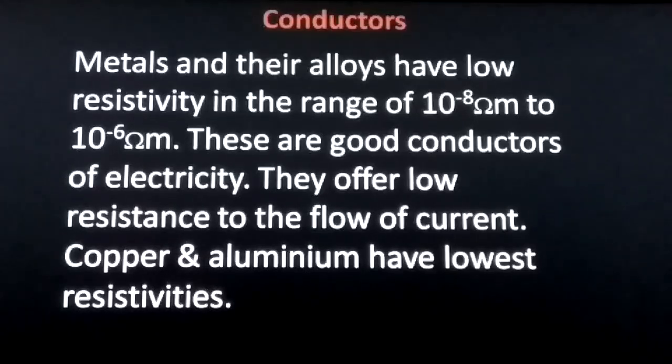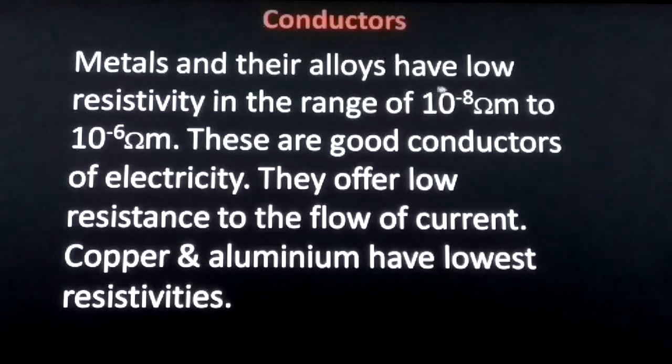Now, after knowing the resistivity, students, observe here, metals and their alloys. Alloys means a mixture of metals with metals or metals with non-metals. So they are called the alloys.